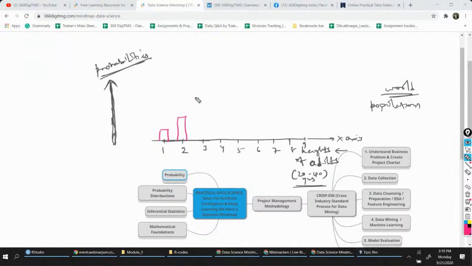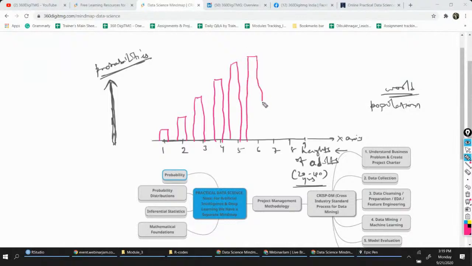So for 3 feet, definitely it will be a little higher than 2 feet. 4 feet will definitely be a little higher than 3 feet. 5 feet would be like this, somewhere here. 6 feet probably is something a little extra than 5 feet. Then if I look at 7 feet, this is coming down, right? 8 feet will further come down. 9 feet will come down. 10 feet will be even less.